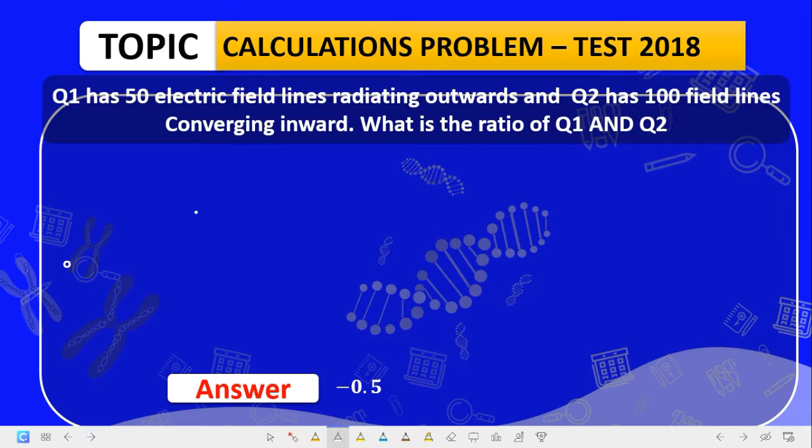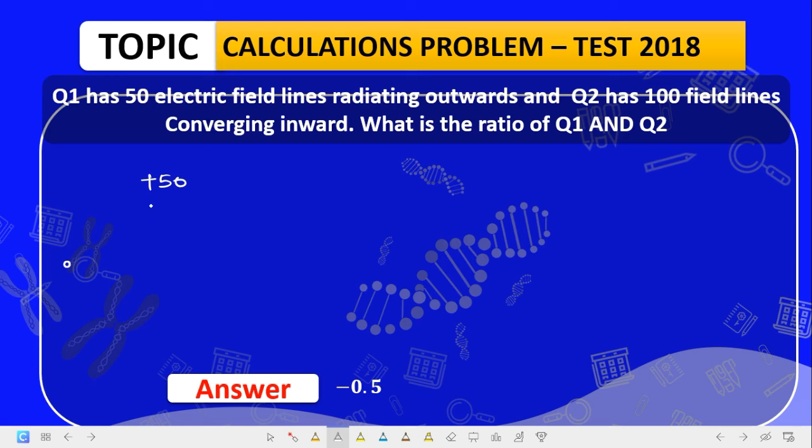Now, Q1 has 50 electric field lines radiating outward, and Q2 has 100 electric field lines converging inward. What is the ratio of Q1 and Q2? Now, if 50 electric field lines are radiating outward, it means the electric field will be what?